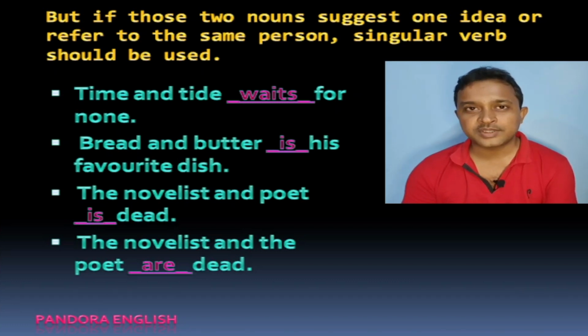Whereas, in the fourth example, both the novelist and the poet have the definite article the before them, so they express two separate persons, and that is why the phrase the novelist and the poet require a plural verb. So are would be the correct answer in the fourth example.